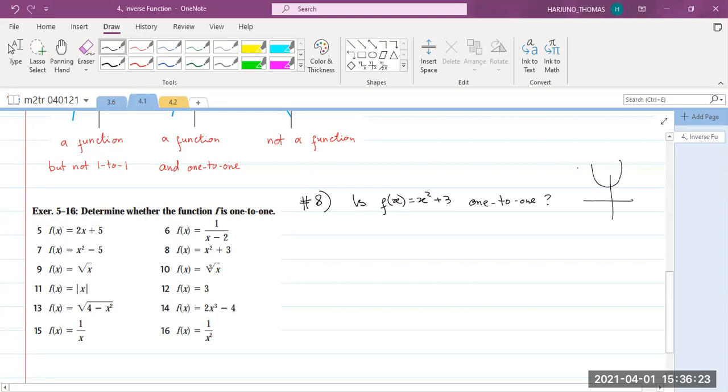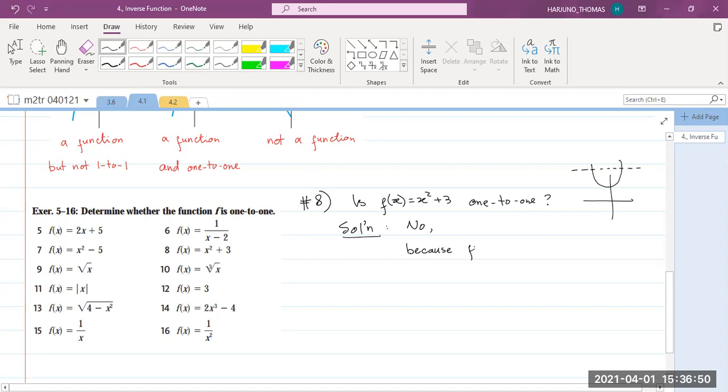Because I can draw one horizontal line that intersects two different x values. So use that argument: choose a y. So the solution, you will say no. Why? Because you just need one counterexample.